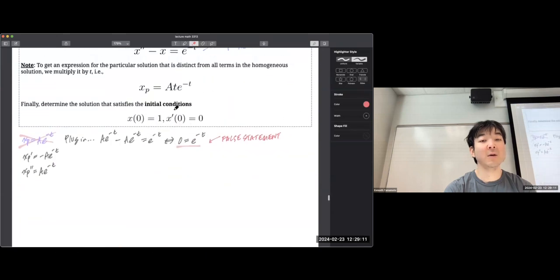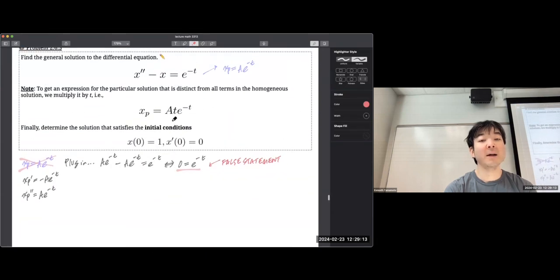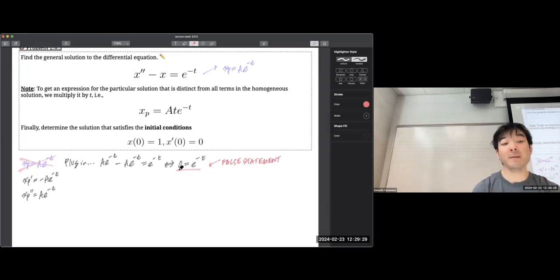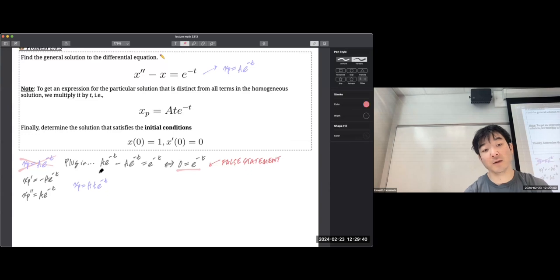Multiplying by t happens to be the solution for this as well, but I don't know if it's easy to see that that would have been the right thing to do for this case. But it turns out that you want to multiply this by t. And so if you multiply by t, your particular solution form is going to be the original one you had, but with an extra factor of t, so it's going to be t e to the negative t. And so there's an extra factor of t here.